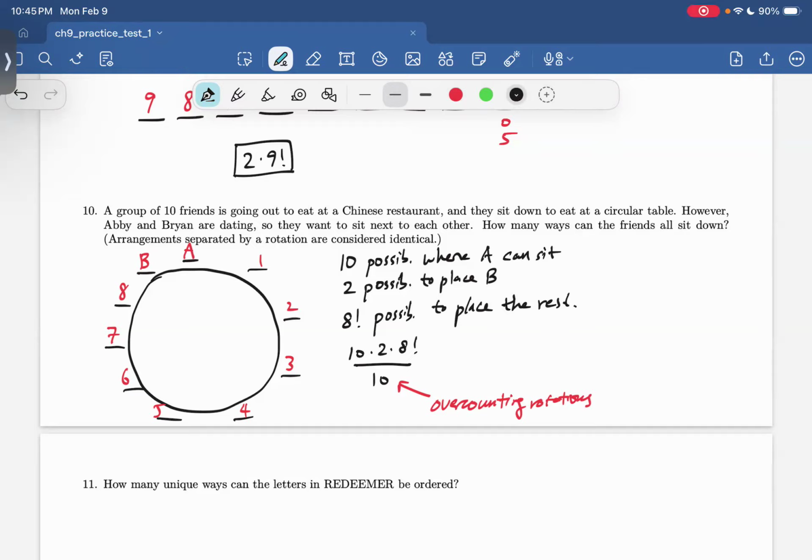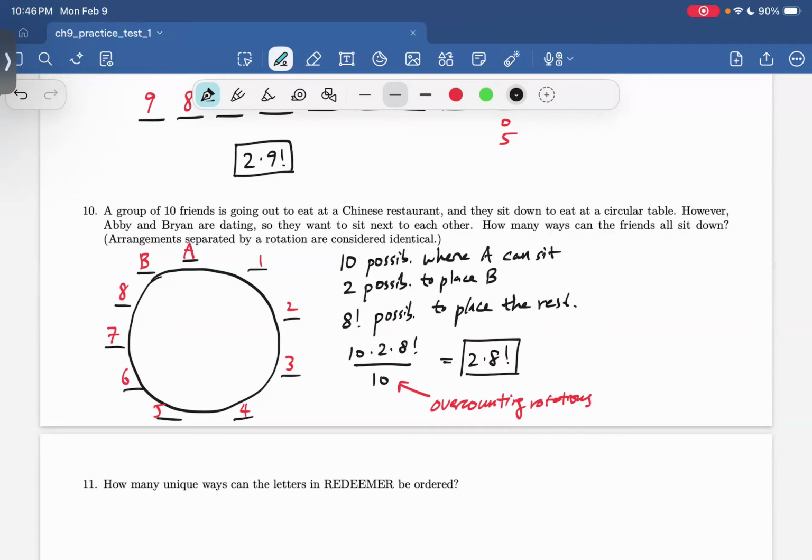That's because if I'm rotating them clockwise or counterclockwise, it's going to be the same exact arrangement, just separated by rotation. So my answer is going to be 2 times 8 factorial. So that's one way to do it. That's probably the most straightforward.